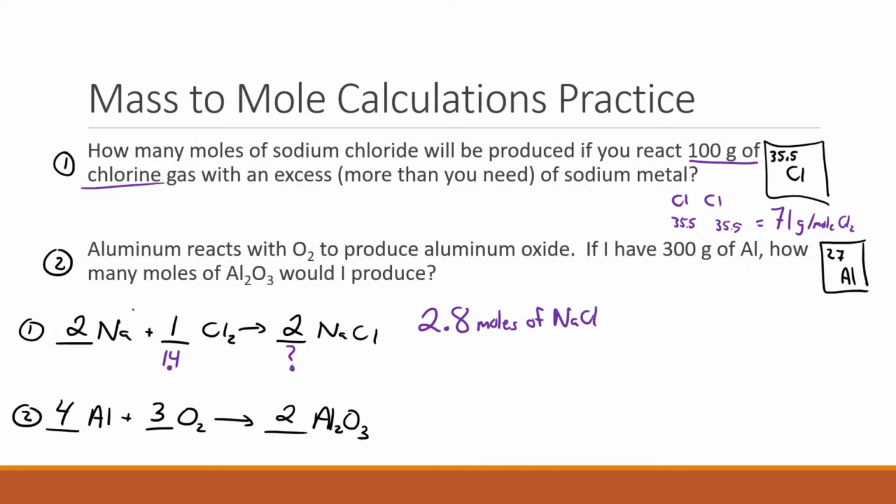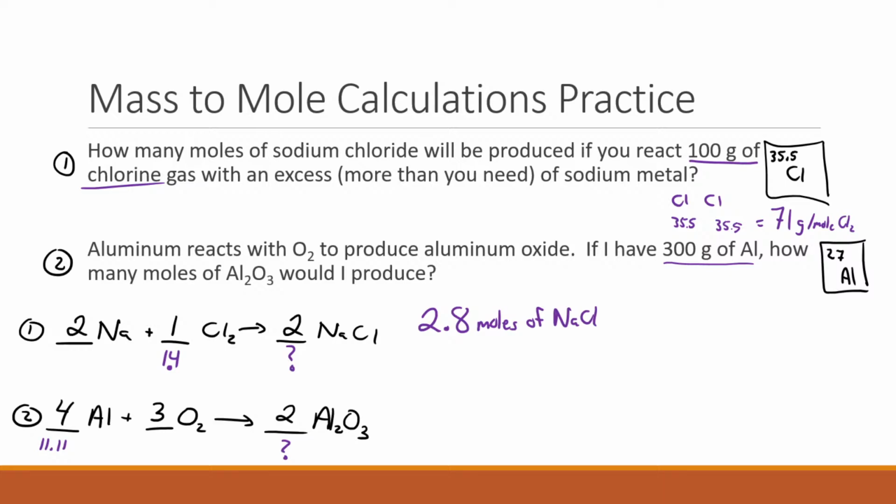For the second problem, they give us 300 grams of aluminum. Aluminum is just Al by itself, and so there's no need to add anything together. We're just going to look at 27 grams per mole. And so if we have 300 grams, that's 11.11 moles. How many moles of aluminum oxide can we make with that?